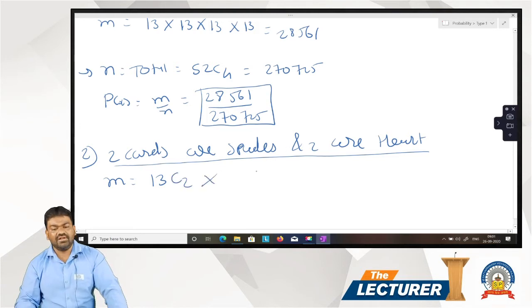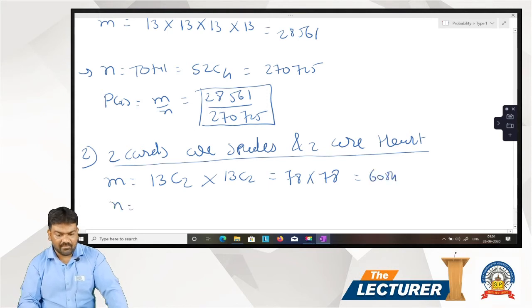And means multiplication. Out of 13 heart cards, 2 are selected, 13C2. So 13C2, 13 multiplied by 12 divided by 2, 78 multiplied by 78, 6084.